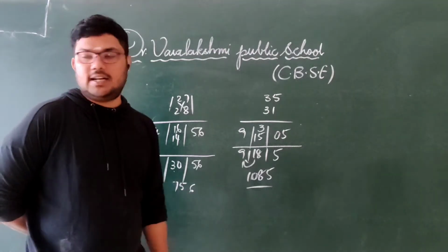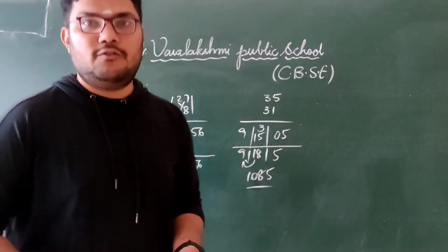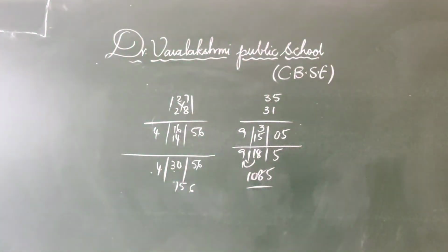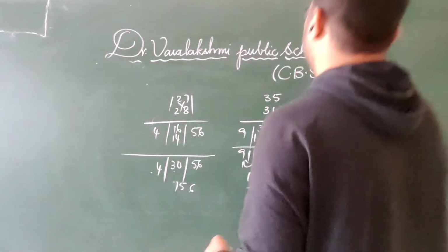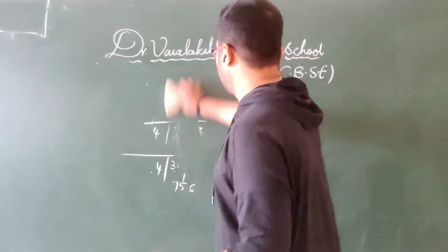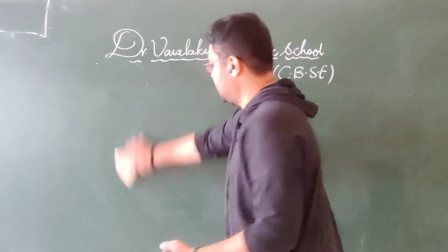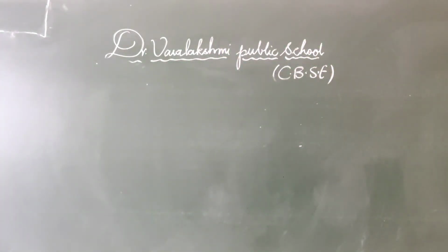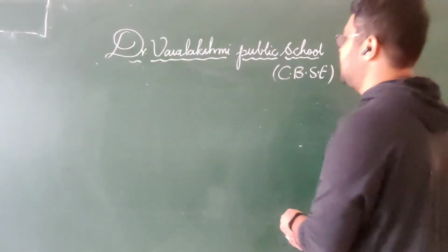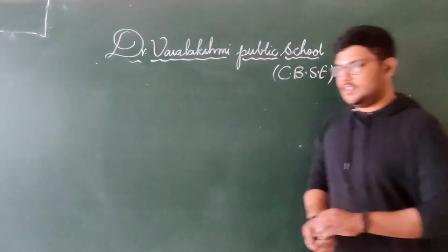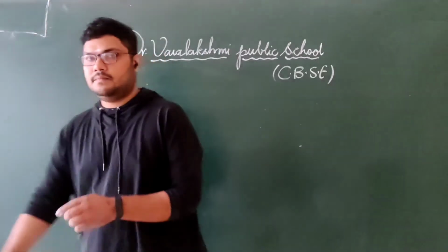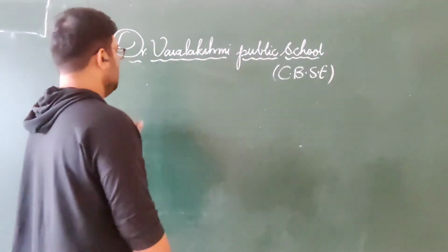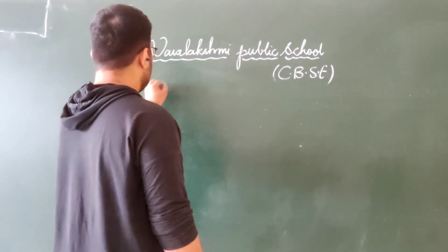So this is the third trick, and let us look at the fourth trick. So for example, it's the question there: 41 into 41.